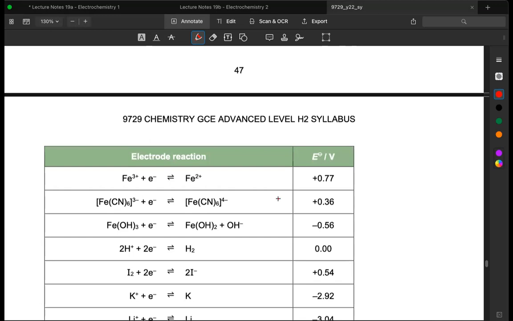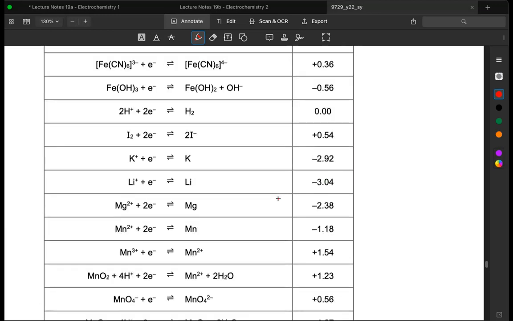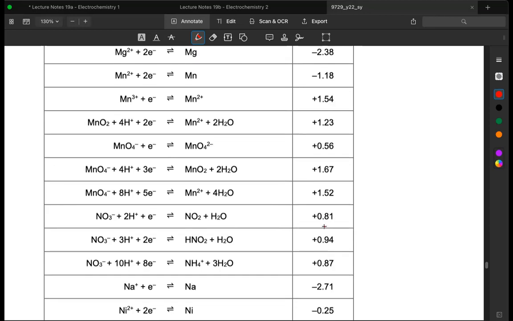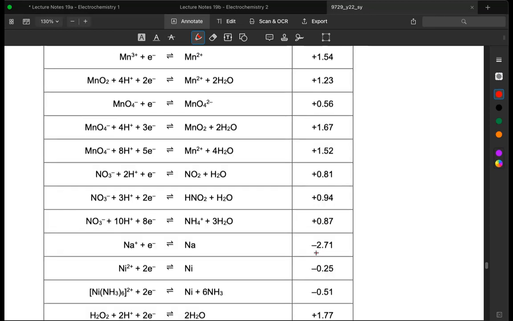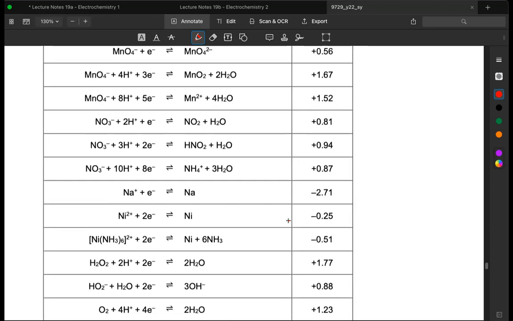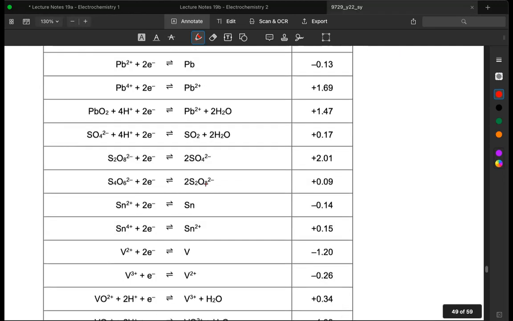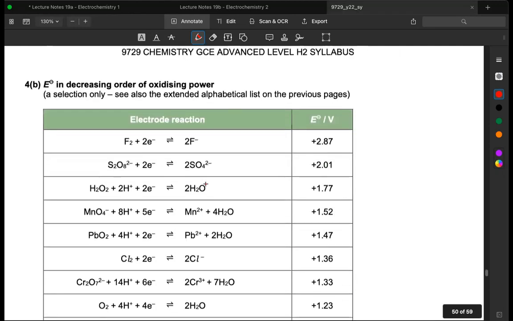Oh, it's a bit mixed up, not really for this book. They are more like alphabetical order. Do they have it there? Oh, here, sorry, next page.